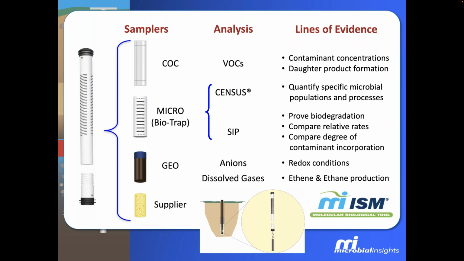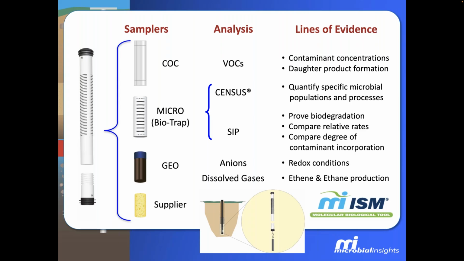The in situ microcosm contains a biotrap for sampling the microbiology, but it also contains passive diffusive samplers for organic material to measure contaminant concentration, daughter product formation, etc. Again, with the biotrap, we can use qPCR. We can use a technique called stable isotope probing, which I'll be telling you about, to quantify the specific microbial populations and the processes that are going on.